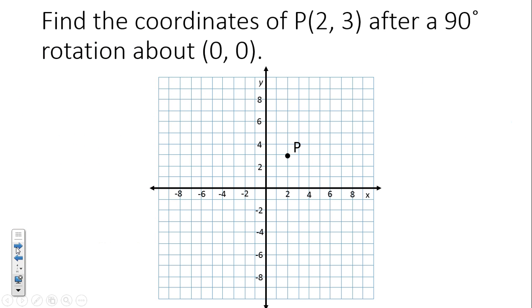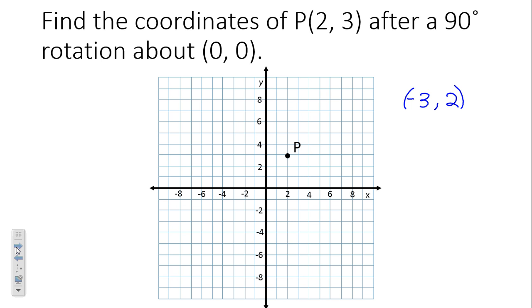All right, so we're going to find the coordinates of P. P was 2, 3. And we want to rotate that 90 degrees about the origin, about 0, 0. Negative 3, 2 if you follow the coordinate rules. We switch the x and y around, and we negate the new x.